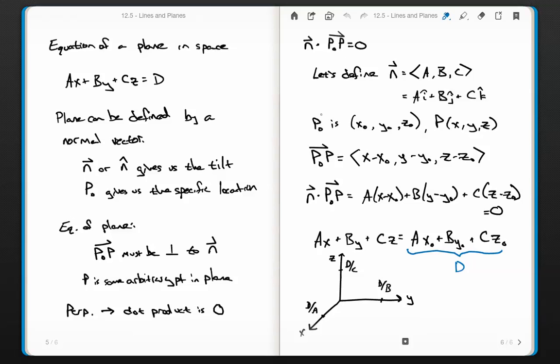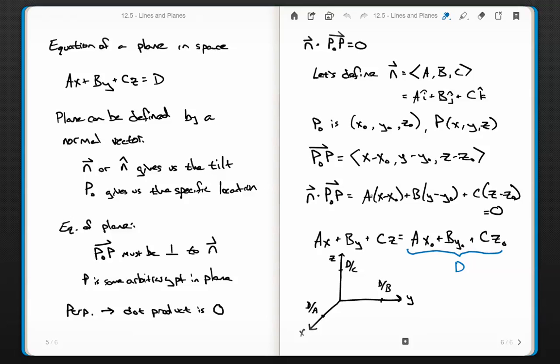And then we took a more vector-based approach. We started with a normal vector, and we dotted the normal vector with some vector that's in the plane, p0 being some point we know, and p being some arbitrary point x, y, z. When we go through a bunch of algebra and set this equal to 0, we get a times x minus x0 plus b times y minus y0 plus c times z minus z0 equals 0.